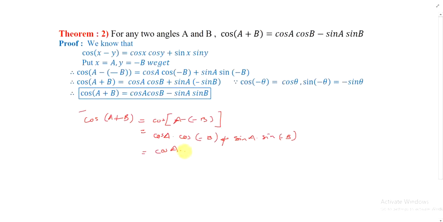If you remember, in yesterday's lecture I revised the results for negative angles. Cos(minus theta) is equal to cos theta, that is, the negative sign does not affect it. But sin(minus theta) is equal to minus sin theta, isn't it? Therefore, cos A cos B, and this minus sign and this minus sign, minus minus becomes plus, and we get sin A into sin B.